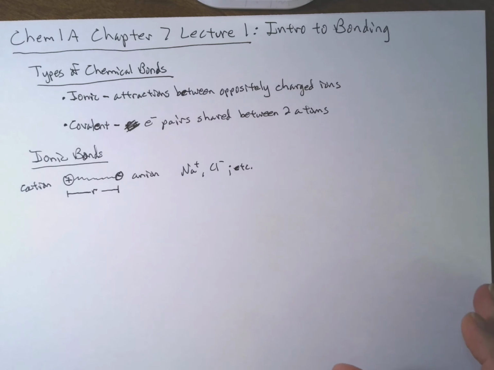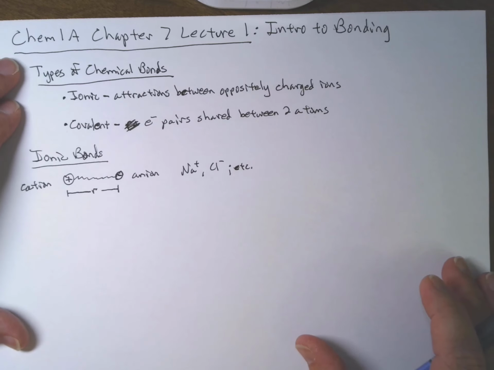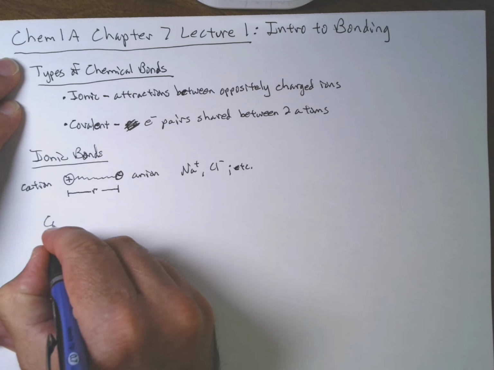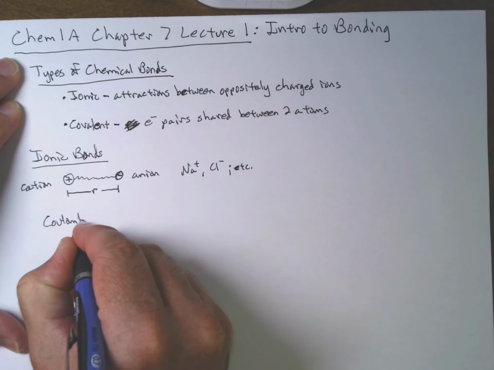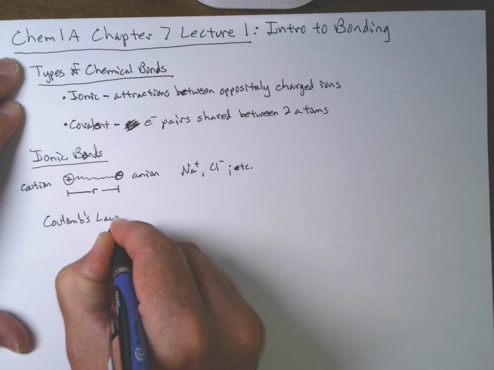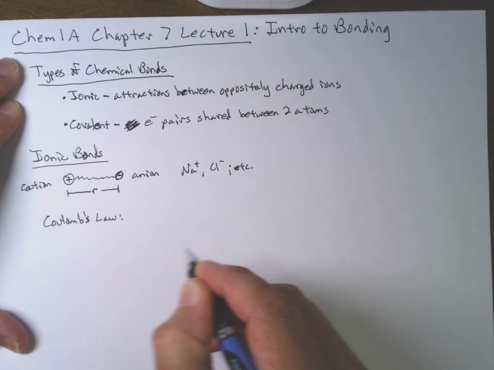Now, these systems, like any system, will look for the lowest energy state. And so we can apply something called Coulomb's law. If you've had physics, you may remember this.